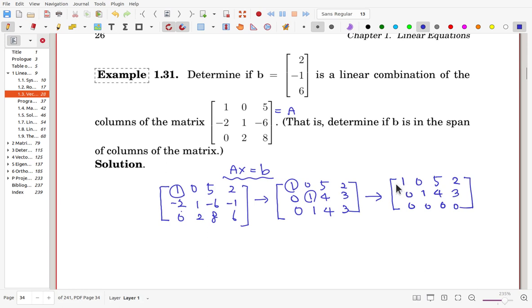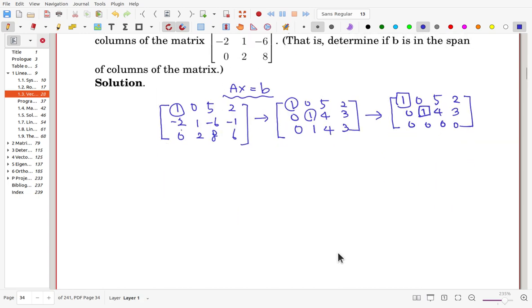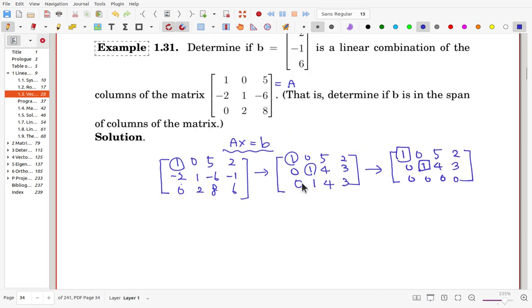This is a pivot and a leading one, and except for the leading one, everything else is 0. So there are infinitely many solutions, because x1 and x2 are basic variables and x3 is a free variable. The existence of a free variable makes infinitely many solutions. Okay, let's try to finish finding x1, x2, x3.